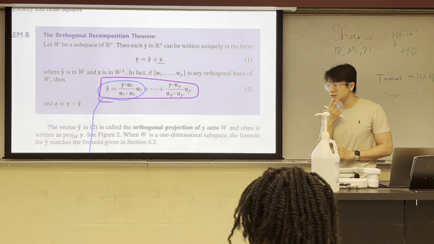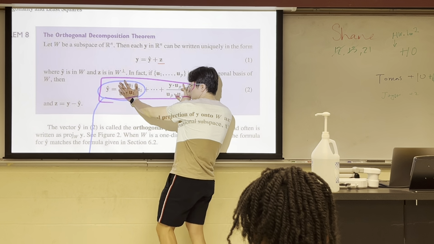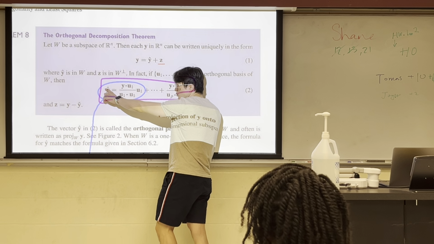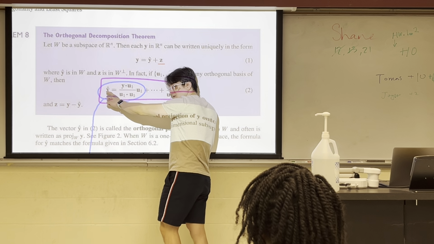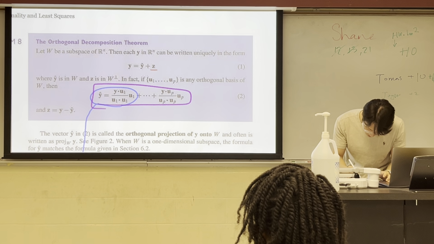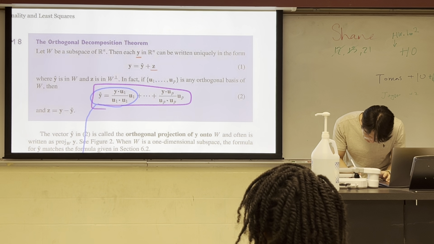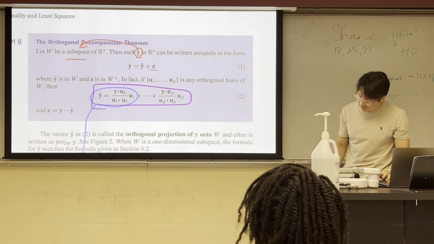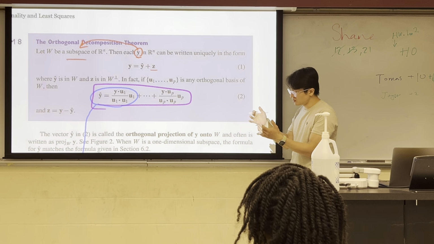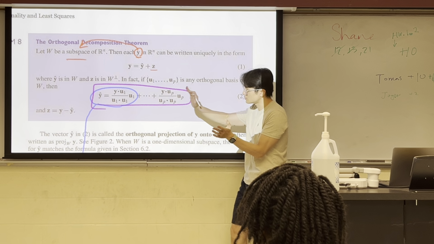Does it make sense? So here, this right hand side is all the same, but Y and Y hat, the left hand side, are different. Does it make sense? Because in this case you're thinking of the case that Y is not in the subspace.